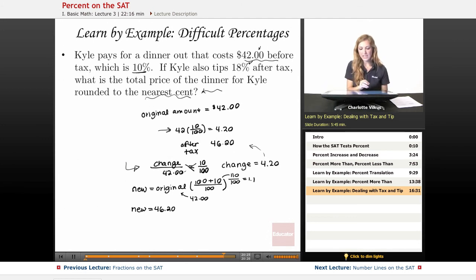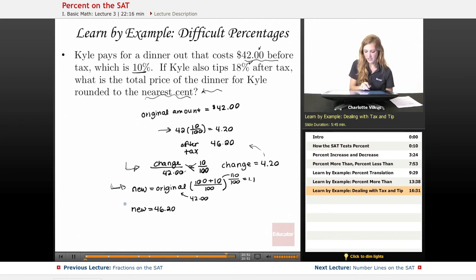So if you can picture it in your head better as being a percent change, then that's totally fine. The extra step isn't going to take you that much longer. If you can definitely see it as being a percent more than, then this step is going to cut out one of your two steps if you just go through this step only. So this is a really good option.